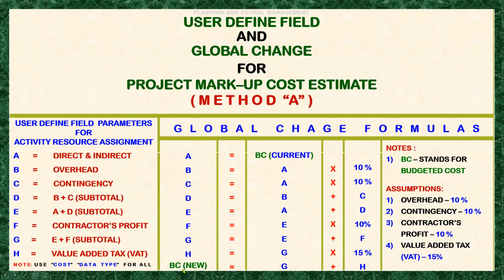That is why the budgeted cost will become new, because the current budgeted cost, when we apply the markup cost, it will change. And the current budgeted cost now will be shown in A, and then the new will be reflected on our schedule as the budgeted total cost. Okay. What next?